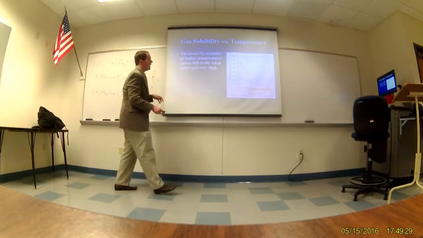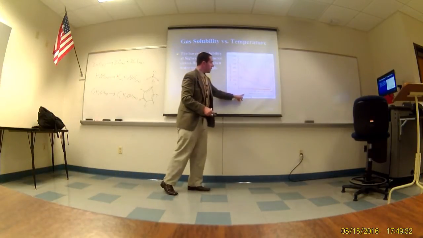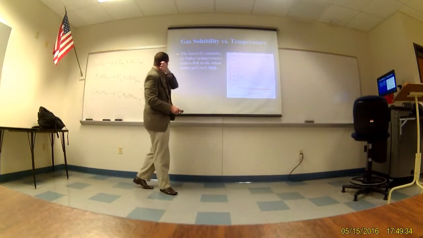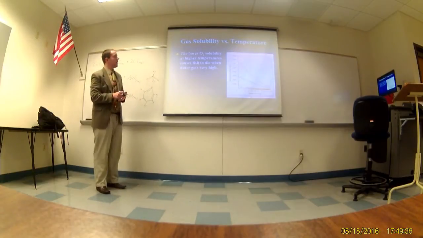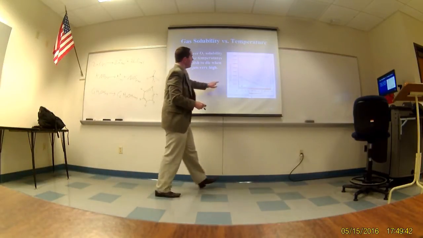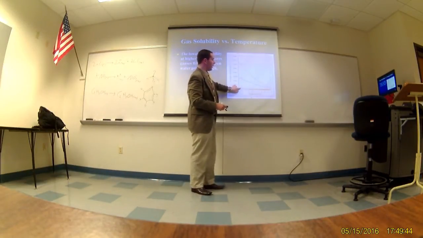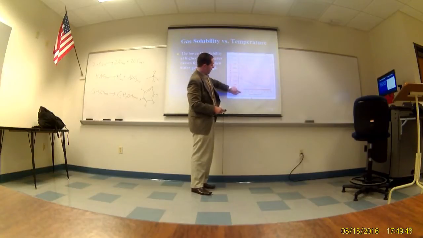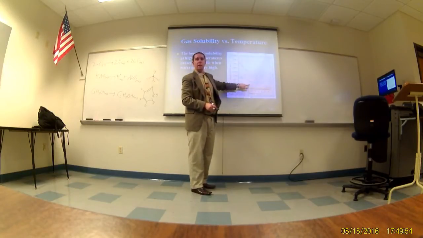So this is a graph of different gases dissolving in water with temperature. Here we have oxygen, nitrogen, and argon. At any given temperature, let's say 10 degrees Celsius, there is a very large difference in how soluble they are, right?